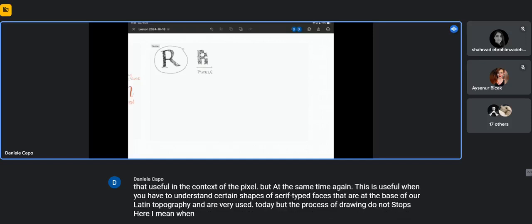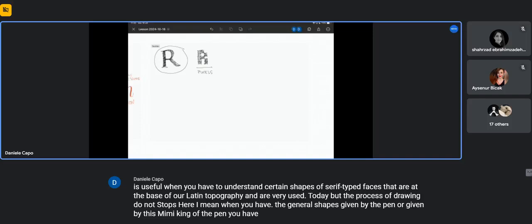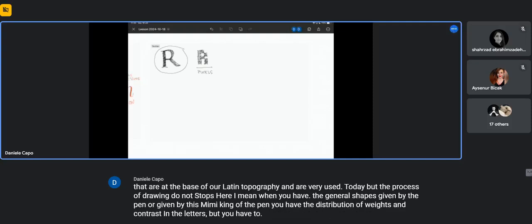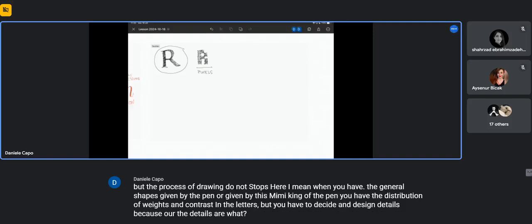When you have the general shapes given by the pen, or by this mimicking of the pen, you have the distribution of weights and contrast in the letters. But you have to decide and design details, because the details are what gives letters their flavor.